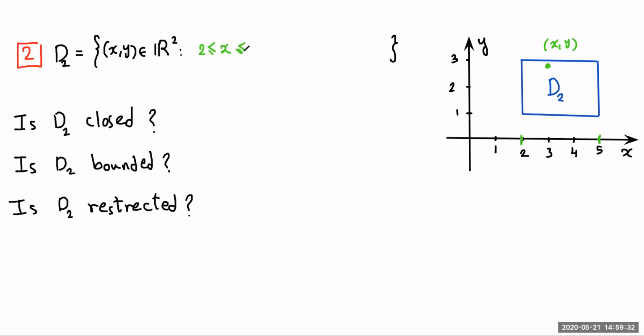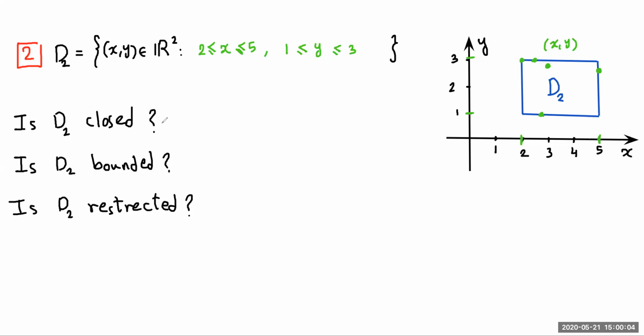I will write equal to 5, because it could be equal to 5 if the point is here, for example, and it's possible because this side is included in D2. And y of the point moves from 1 to 3. It could be equal to 1 if the point is here, and it could be equal to 3 if the point is here. If the point is here, x equals 2, y equals 3. Okay.